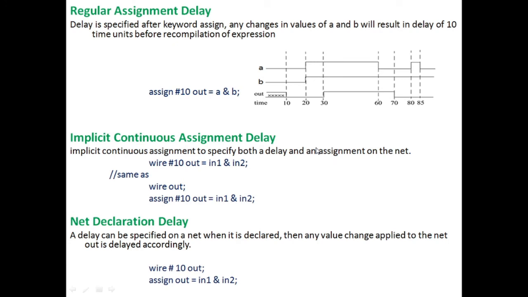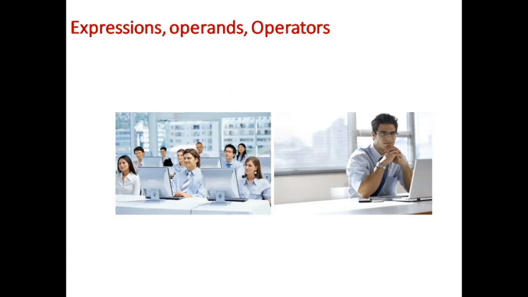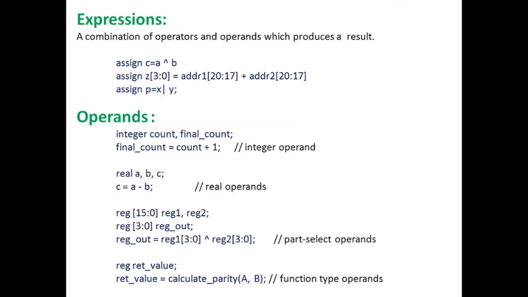Next is one more important topic in our data flow modeling: expressions, operands and operators. Without these we cannot develop any Verilog HDL at the data flow abstraction level. So what are expressions?